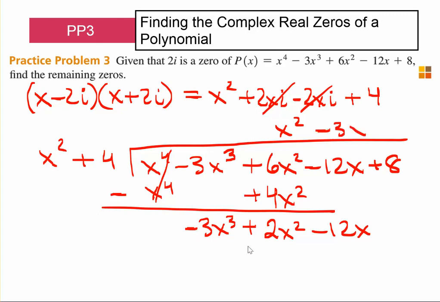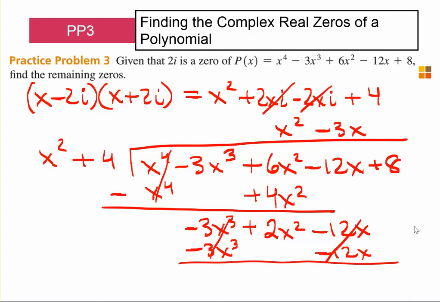That should be a minus 3x. Multiplying that times x squared gives you a negative 3x cubed. Negative 3x times a 4 gives you a minus 12x. And again, we subtract everything out. In this case, kind of funny, those would cancel if we're subtracting. And we have no x to the 1 term anymore because the coefficient is 0.